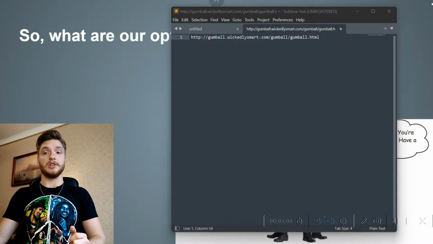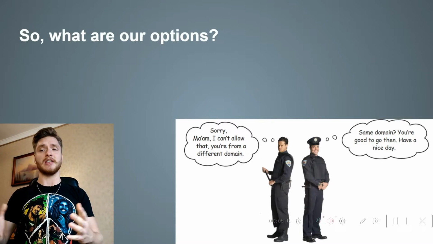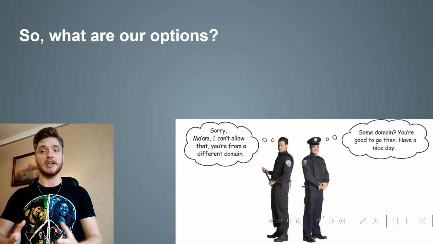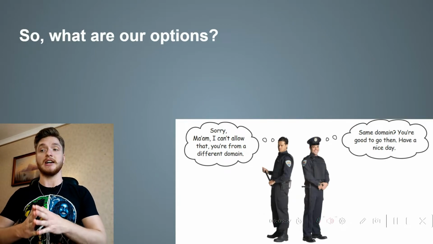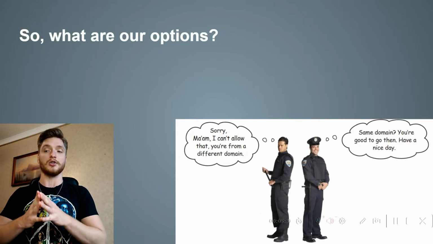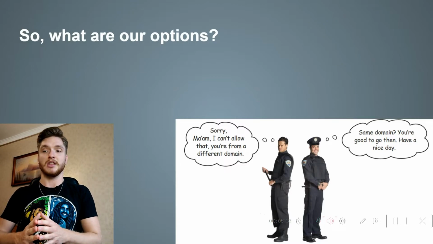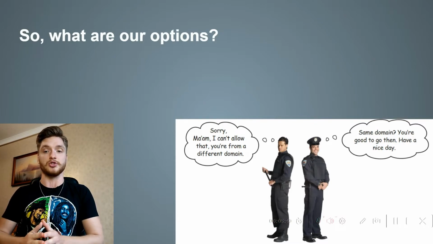Plan 2. Use another way to get the data. XMLHttpRequest is a great way to get data into your apps when the data is hosted at the same domain as your app. But what if you need to really get data from a third party? Say you need data from Google or Twitter, for instance. In those cases, we really do have to break through this problem and find another approach.